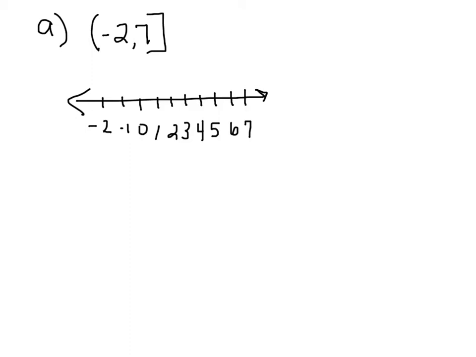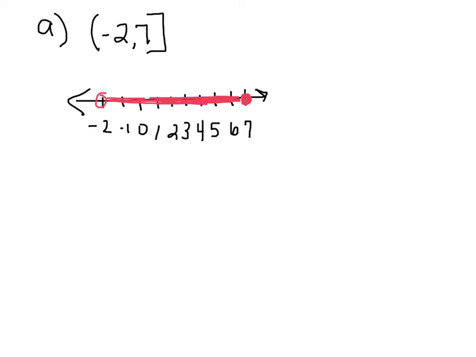Since -2 is not a solution because of the parenthesis, I would put an open circle on -2. 7 will be a closed circle since we have a bracket. And then we would shade everything in between.